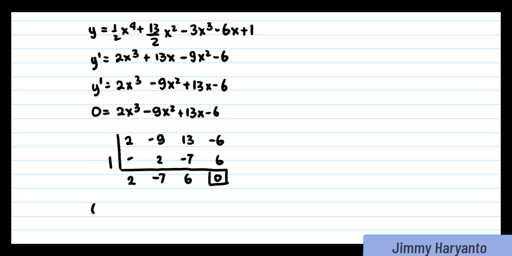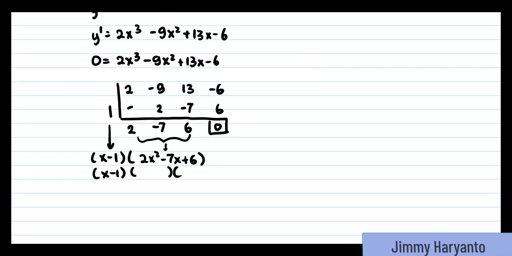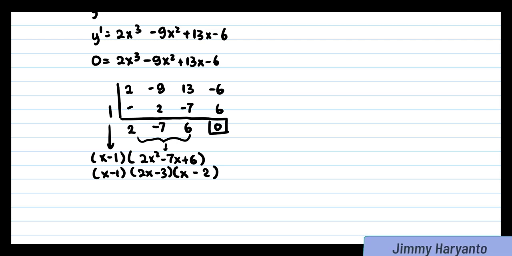Good. That means I already have x minus 1, and from this one I have 2x squared minus 7x plus 6. We can do manual factorization for this one, 2x and x, this one is 2, this one is 3, minus minus, and then x equals 1, x equals 3 over 2, x equals 2. There we go.